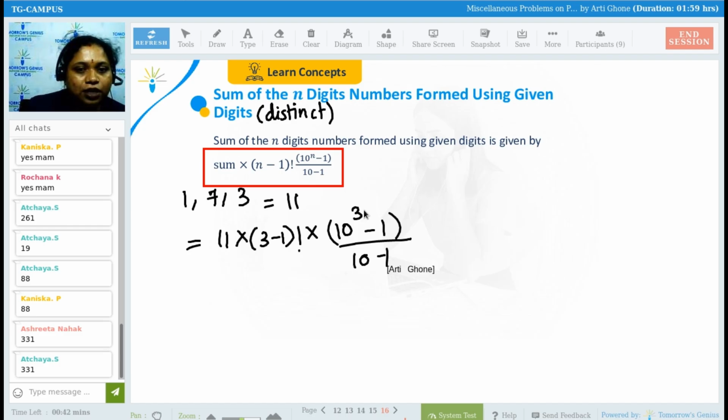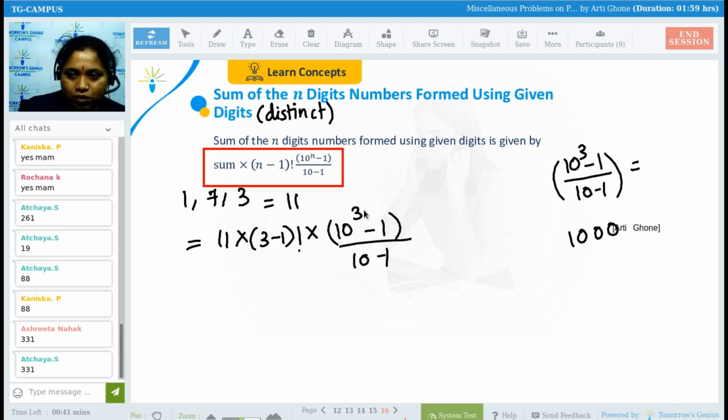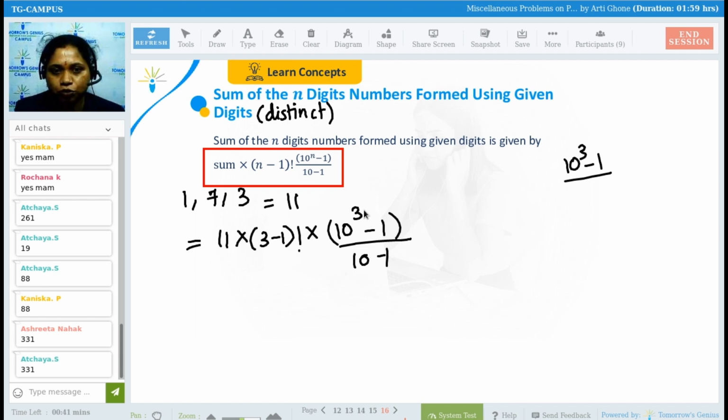Now see, there is a shortcut for 10 raised to 3 minus 1 upon 10 minus 1 also. This is a complicated identity. Obviously this will come as 1000 minus 1 upon 9, right? Getting it or not? I am making you understand the simplest calculation of this. Okay, 1 minute. I just need some space to make you understand.